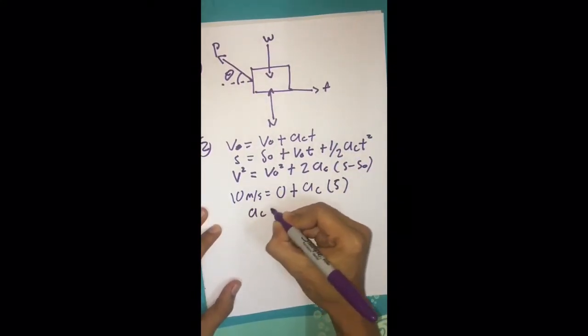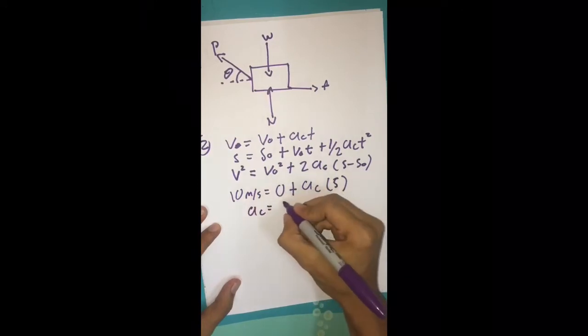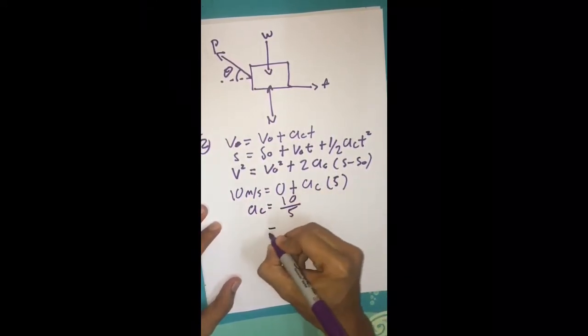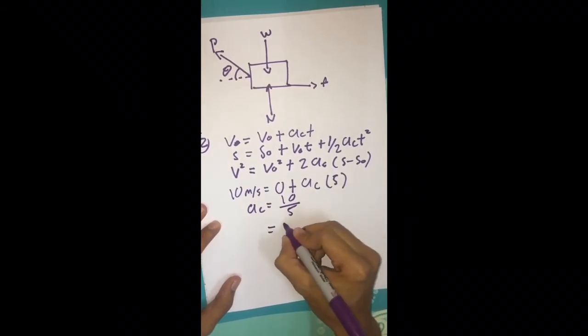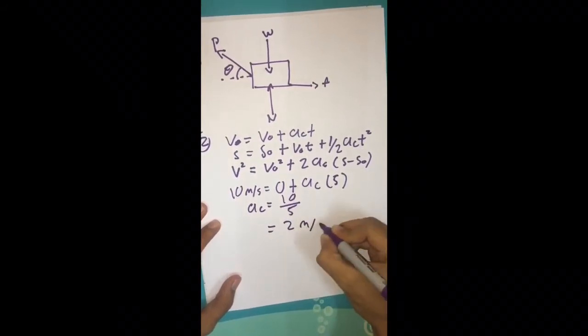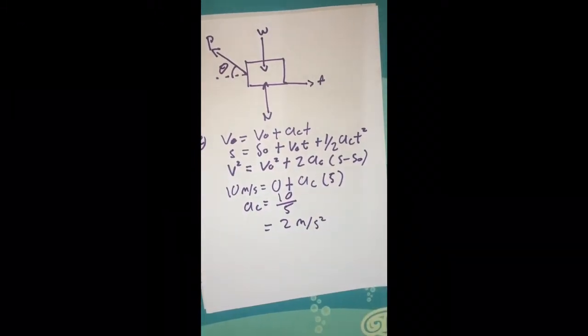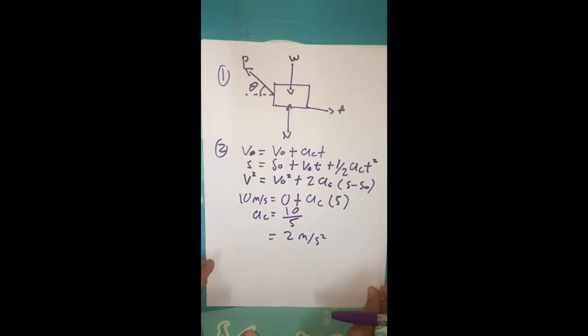So A is equal to 10 over 5. So A is equal to 2 meters per second squared.